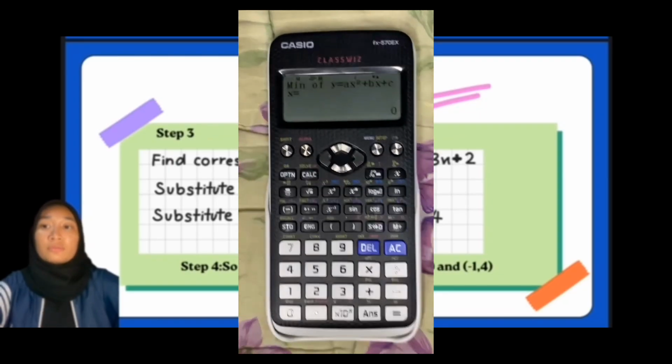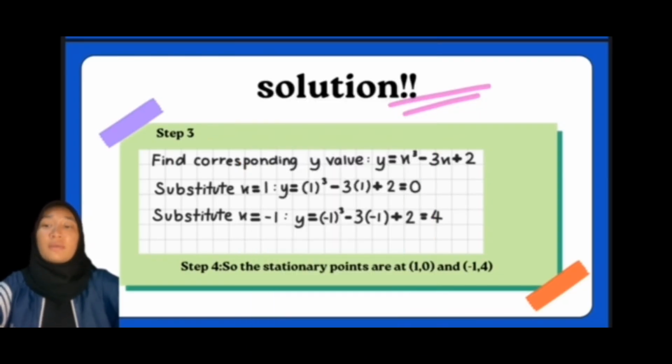So I'm going to continue to the next step, which is step 3. We have to find the corresponding y value, using y equal to x cubed minus 3x plus 2. Next, we substitute x equal to 1 into the equation. So it will be y equal to 1 cubed minus 3 times 1 plus 2, which equals 0.